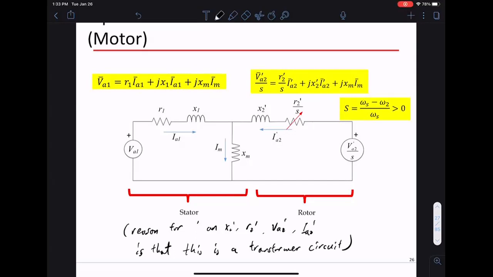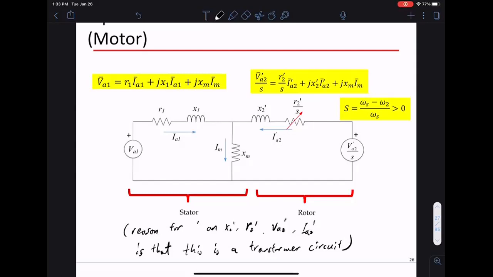There's an air gap, so you can think of this as a transformer circuit. Normally the turns ratio is close to 1, but just to be consistent with transformers, we'll label things with a prime.